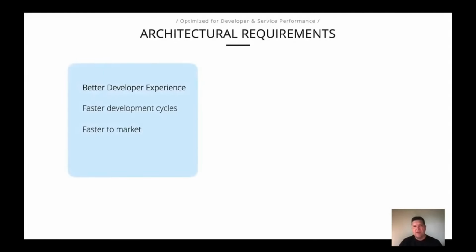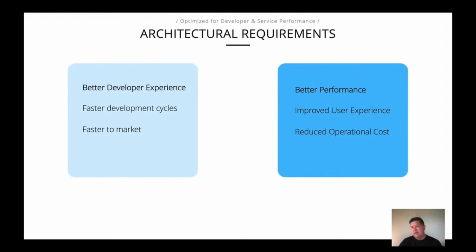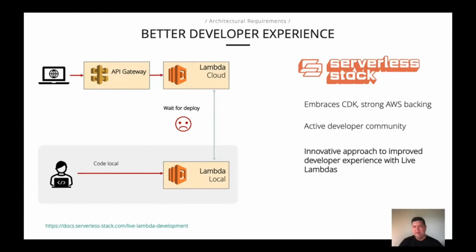Our primary architectural requirements are better developer experience as well as better performance. Most of this talk is focused on the performance side of things, but just touching on better developer experience. This is why we chose serverless stack, right? Normally you're working on a local Lambda, and in order to really test and evaluate your code, you actually need to deploy it up to the cloud and wait for that deployment.